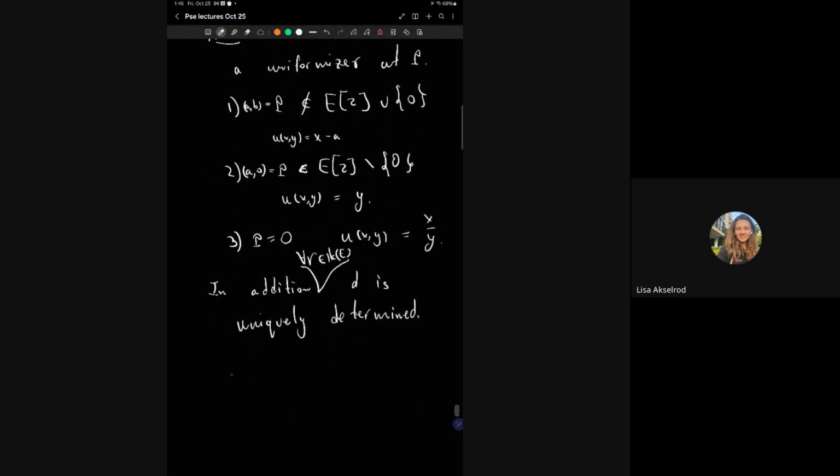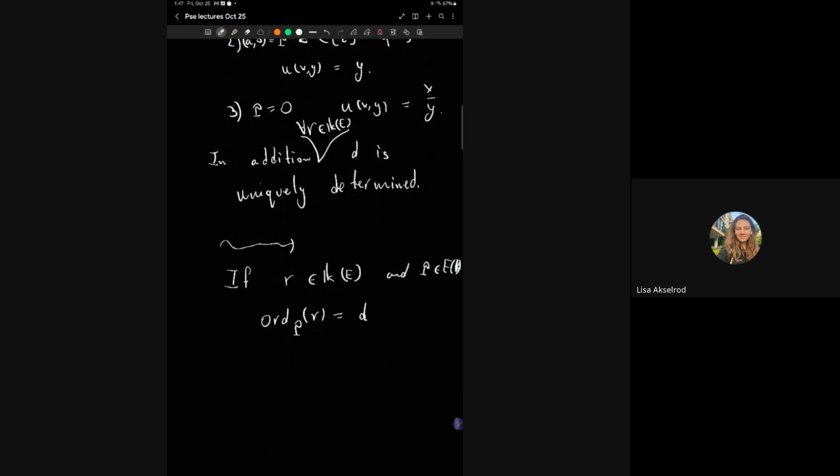All in all, if R is a rational function and P is some point on the curve, we define the order of R at P to be this number D. And this is well defined.